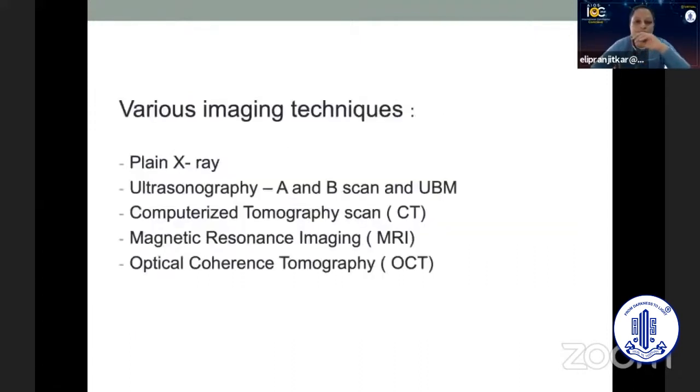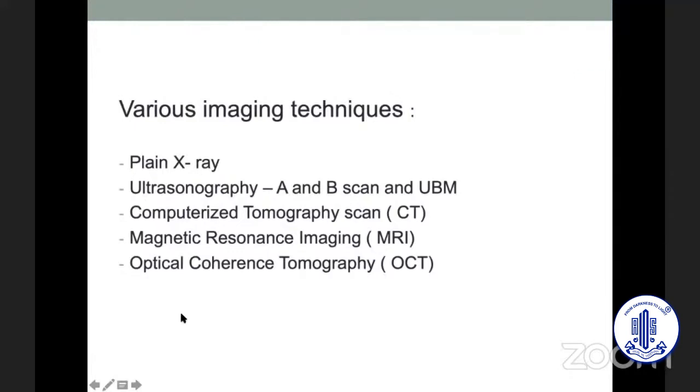Next slide. So we have various techniques like plain X-ray, ultrasonography A and B scan and UBM, computerized tomography scan, magnetic resonance imaging, and optical coherence tomography.